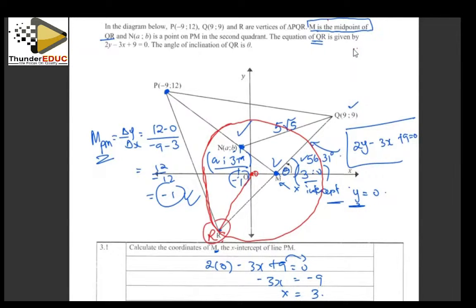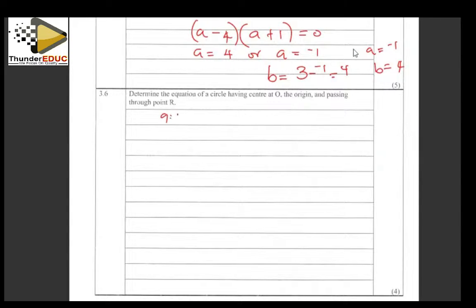Remember, they told us that M is the midpoint of QR. So we have 9, 9, we have 3, 0, then we have R, which is (x, y). So that's Q, M, and R. From our midpoint formula, if we get x plus 9 divided by 2, it must give us this 3.